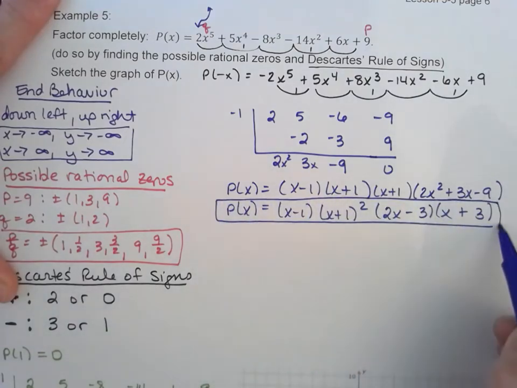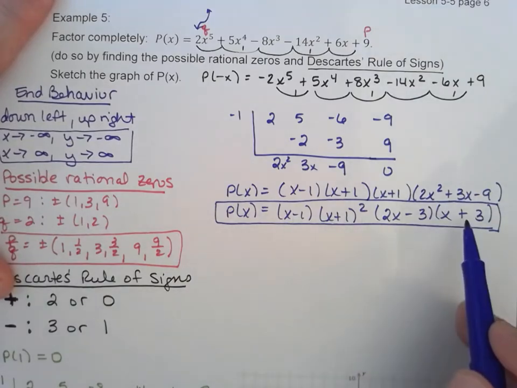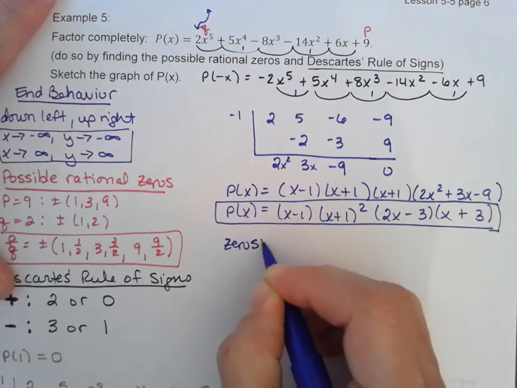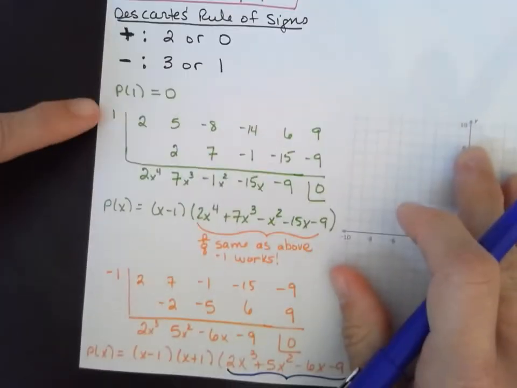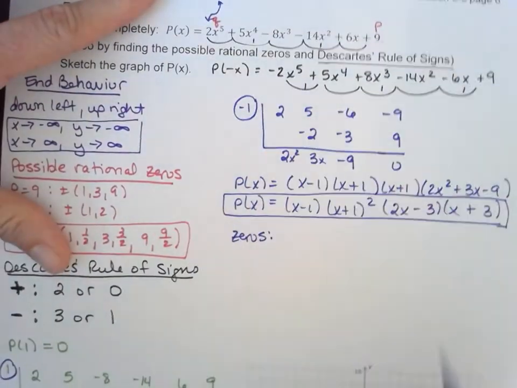You will be asked to do that on a test, so you want to make sure that you know how to completely factor your polynomial. Well, your factored form is where you get all your zeros. We already know one of them is 1, another is -1, and another is -1, right?